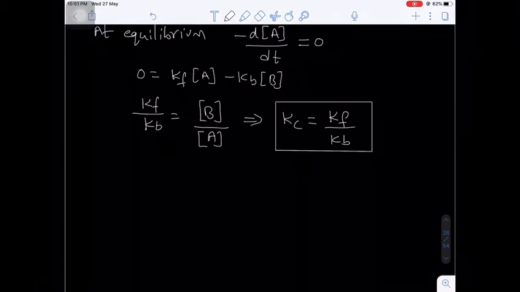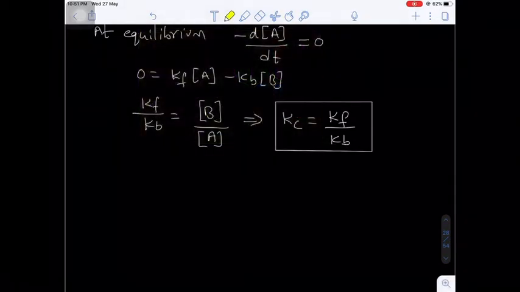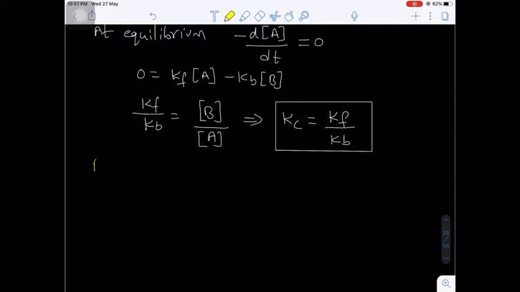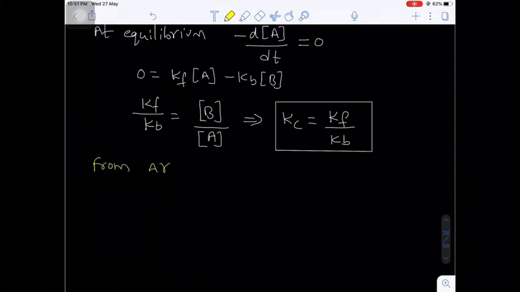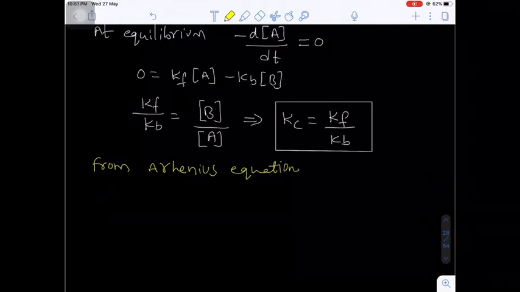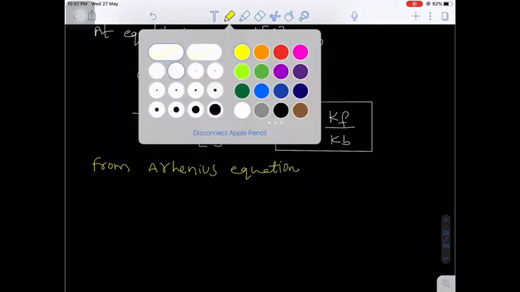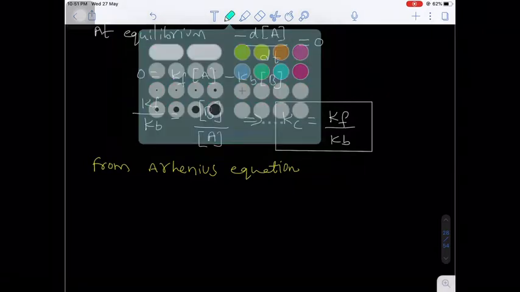Now after this, there is one important equation known as the Arrhenius equation.